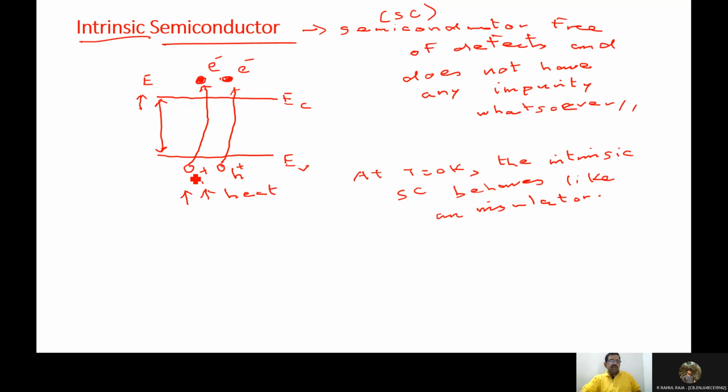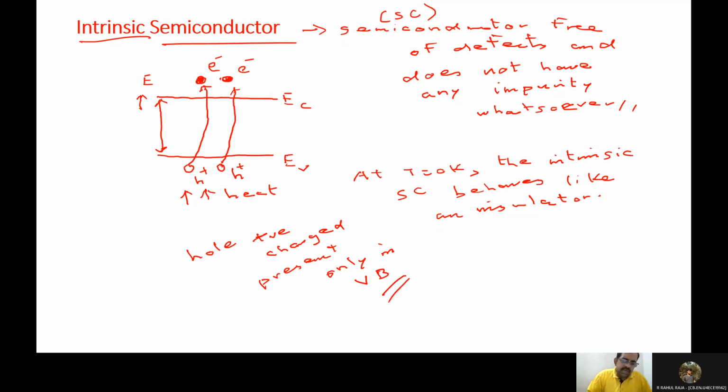So you can clearly see the very important thing is the hole is positively charged because of the absence of the state, and present only in the valence band.